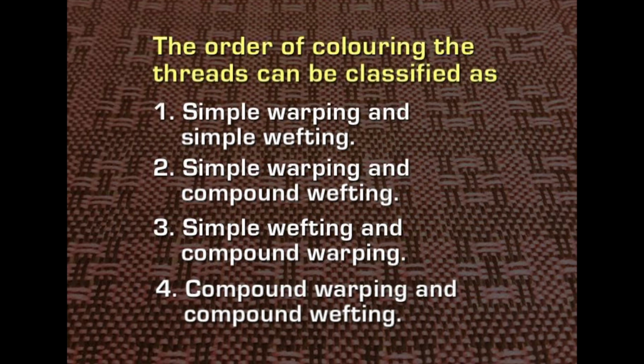When you take the first and the last one, that is simple warping and simple wefting, and compound warping and compound wefting, in these two the order of warping will be the same as, or it may be different from, the order of wefting. To each order of coloring, simple, stripe and check weaves may be applied.